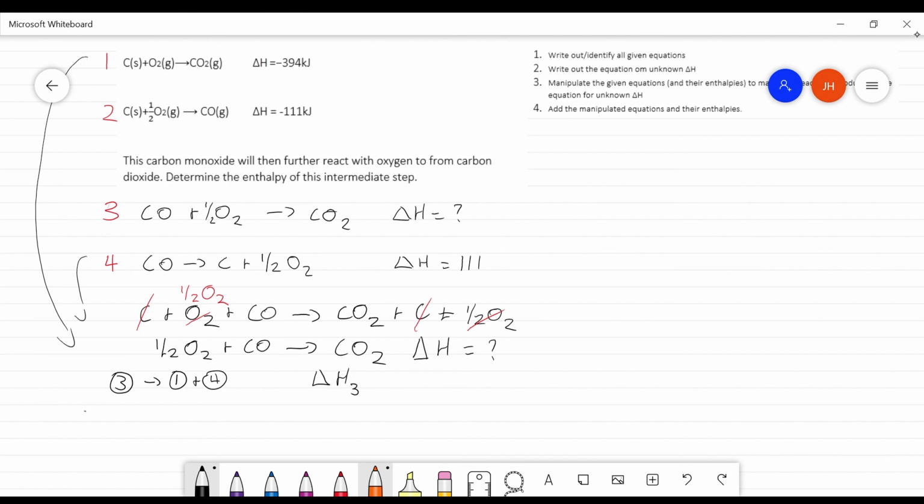So to find the enthalpy of reaction 3, we need to add together the enthalpy of reaction 1 and the enthalpy of reaction 4. In other words, that would be negative 394 kilojoules, and we're adding that to the enthalpy of reaction 4, which is 111 kilojoules per mole.